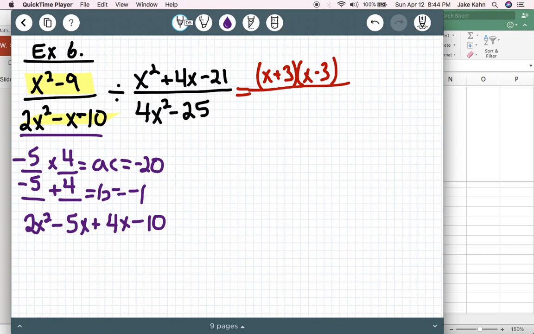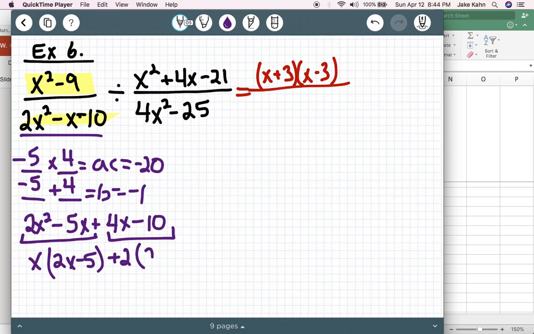Then finally, I take out a GCF from the first two terms and the last two terms. 2x squared minus 5x, the GCF is just x, and I'm left with 2x minus 5. In my second two terms, 4x and negative 10, my GCF is 2, and I'm left with 2x minus 5. Did I do this correctly?